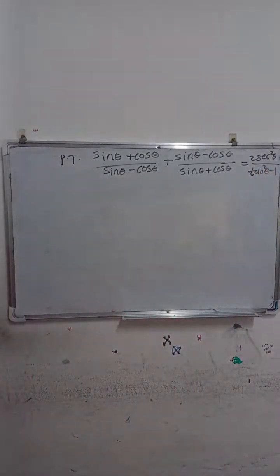Okay. So now how to solve this question? Can you think and try to solve this question? So what you can do, first take LHS, then you can take the LCM.